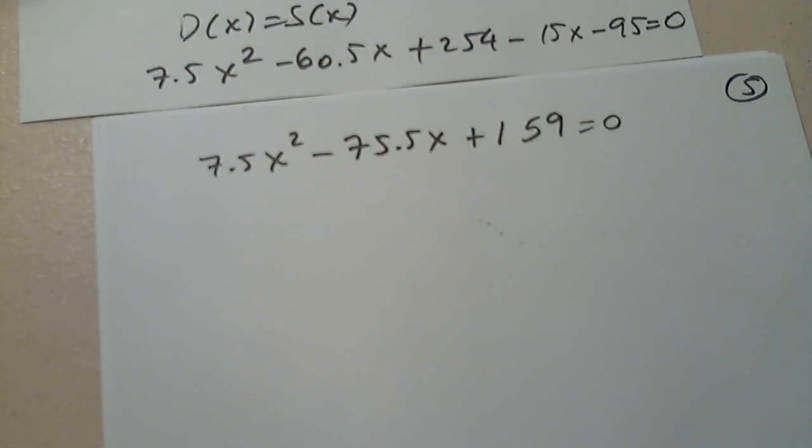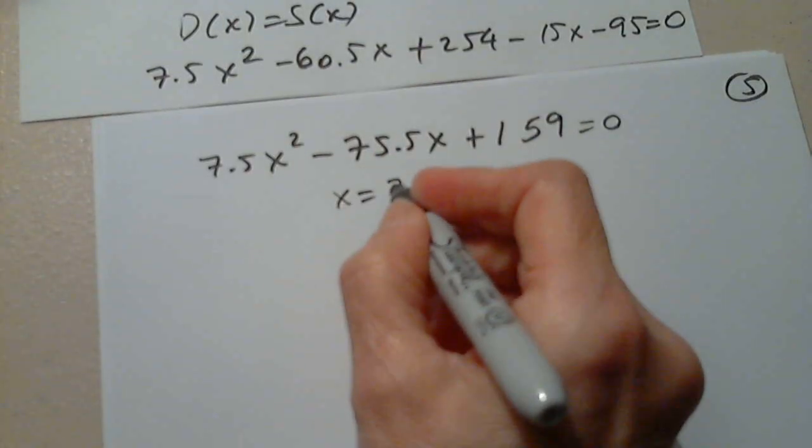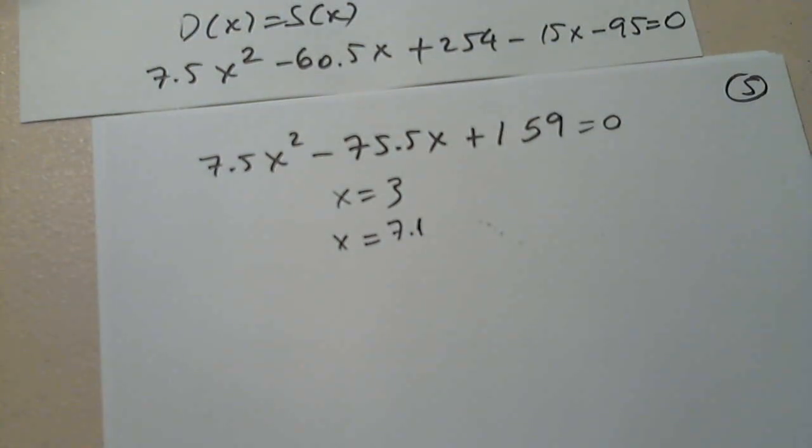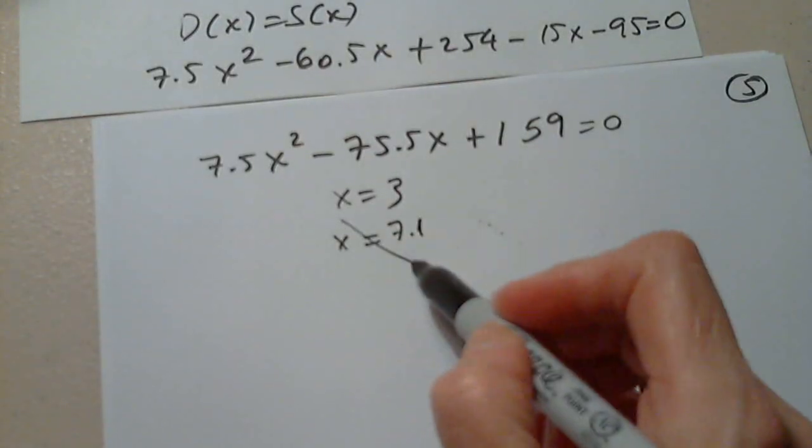Yes, it did. Okay, and the last one, 159. And then x equals 3 and x equals 7.1. However, it clearly says no more than 5. So I have to use only 3.